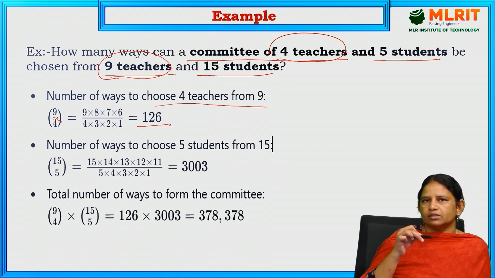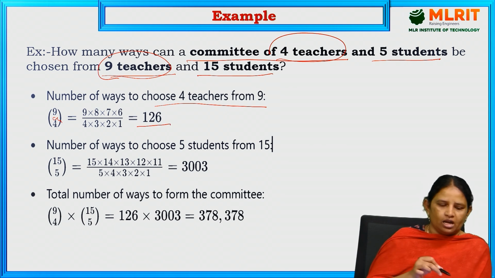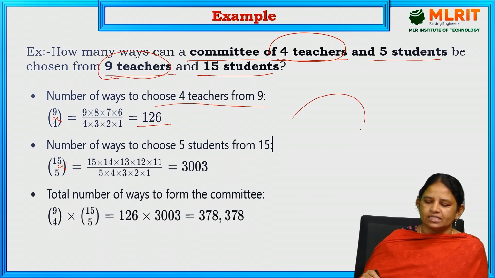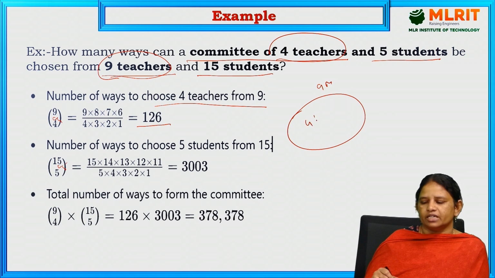How many students are we going to select? 15C5. Out of 15, you are going to select only 5 students for the committee. The committee consists of a total of 9 members: 4 teachers and 5 students.